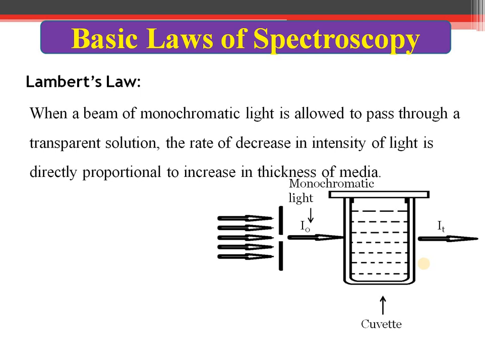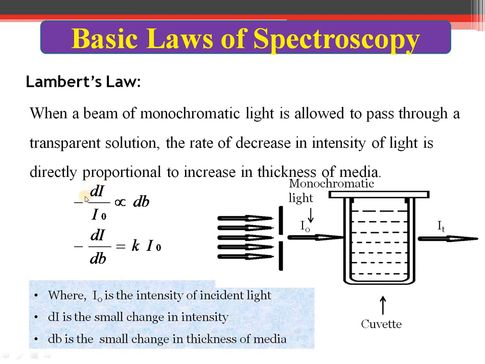Now, this law can be mathematically expressed as minus dI upon I0 is directly proportional to dB, where dI is the small change in the intensity of the light, I0 is the intensity of the incident light, while dB is the small change in the thickness of media.